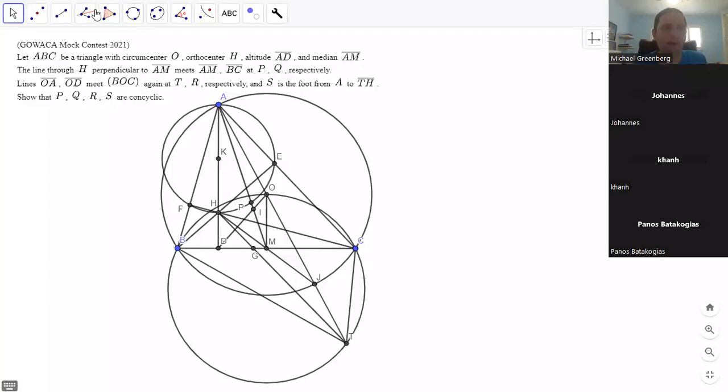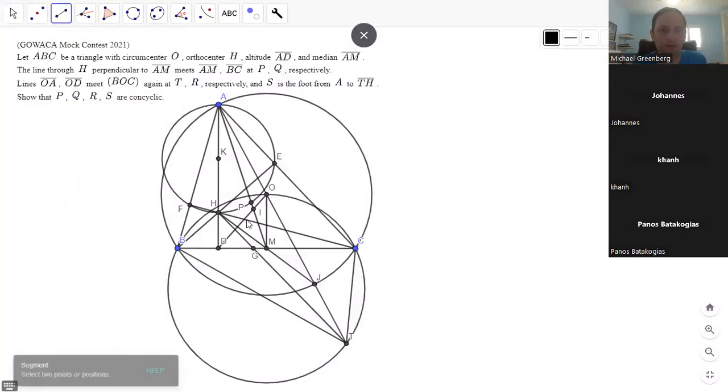Which I think is the same as saying KG is parallel. Yeah, is that the same as saying KG is parallel to AM? Maybe I'm confused. No, because it would be AK over AD versus GM over GD. So that would not be true.